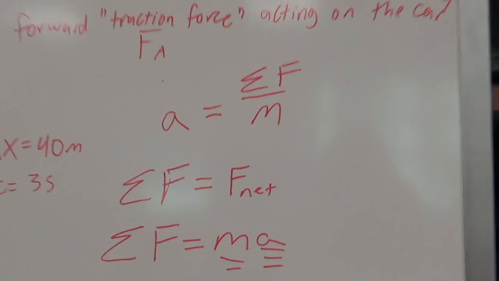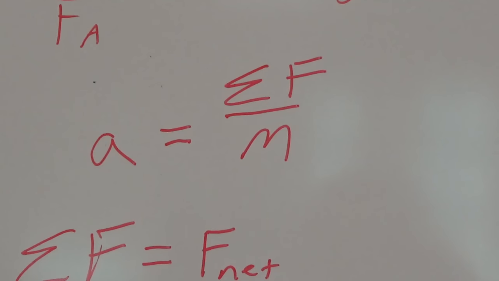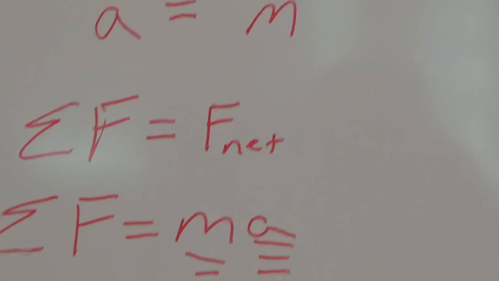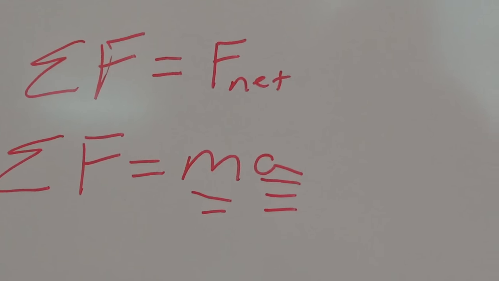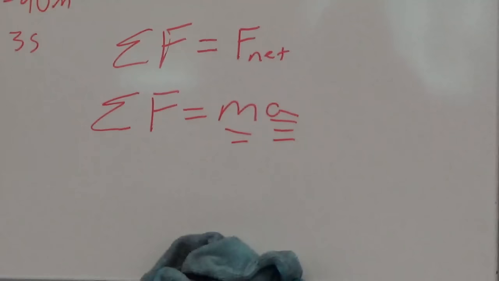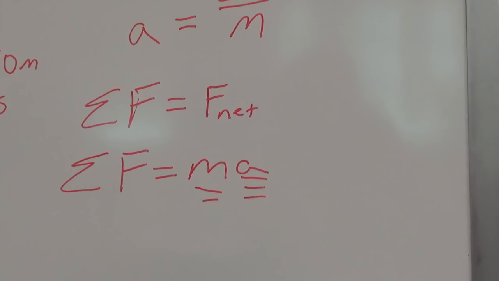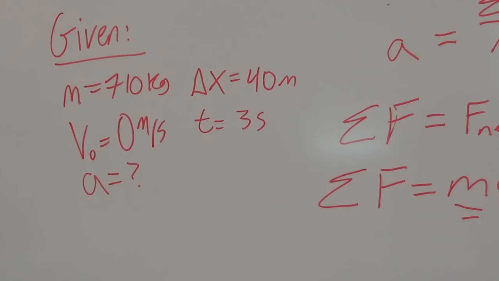So what we did is we used the equation we got from the lab, and we readjusted it so we can find net force. We have our mass because it gives us our mass, but we do not have our acceleration. But we can find our acceleration based off of the information that we have been given so far.